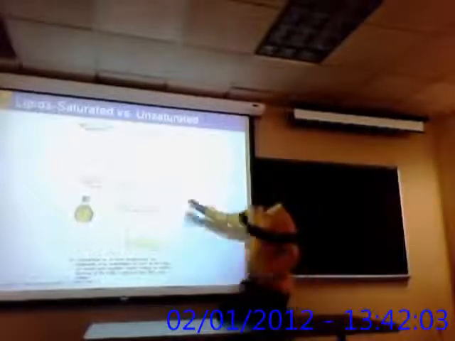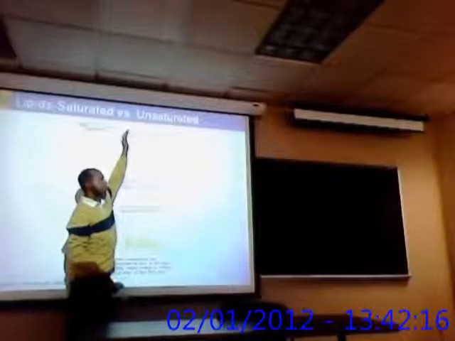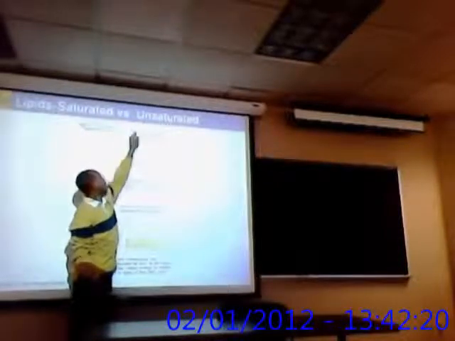By the way, each of these little bins represents a carbon with 2 hydrogens attached to it. Okay, that's all. You have a triglyceride. 3 fatty acids, right? Everything to your right, those are 3 fatty acids, and everything to the left there is the glycerol molecule. Put them together and you have a triglyceride, or triglycerol.